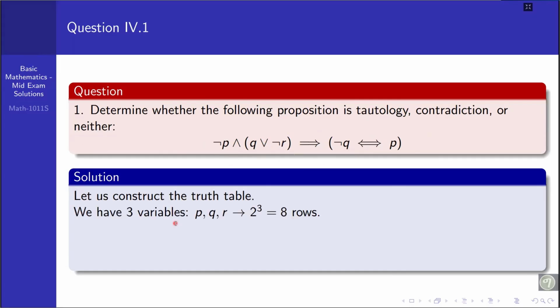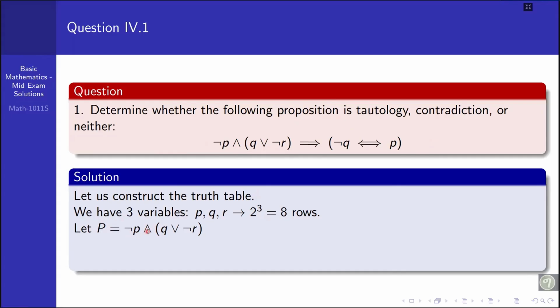We have 3 variables p, q, and r, that are simple propositions, so the truth table for this compound statement will have 2 to the power of 3, which is 8 rows.